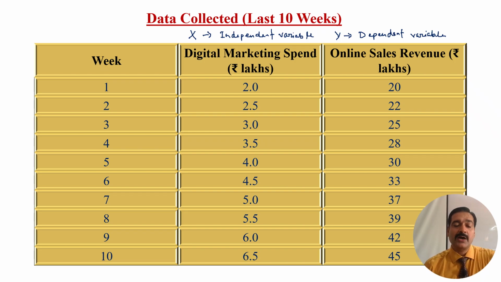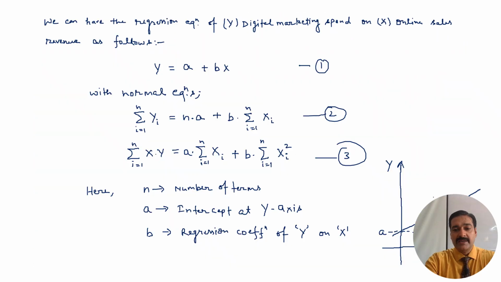So let's see how we fit a regression model. The method we make use of to fit our regression model is called the least square method. By making use of the least square method, I am going to fit a regression line or model for this given problem.